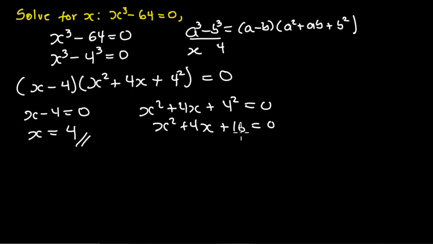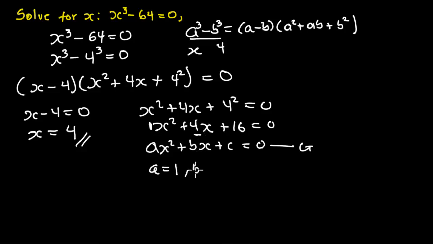Now we are going to compare the equation with the general quadratic equation, which is given by ax squared plus bx plus c is equal to 0. From here, when we compare the general quadratic equation with this equation, we can realize that a is equal to 1, b is equal to 4, and c is equal to 16.